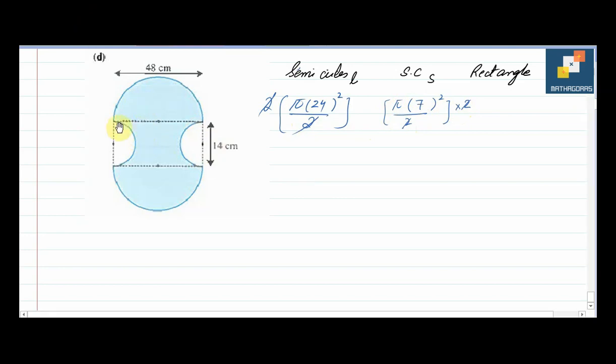Now that is your rectangle, right? So its area is 48 multiplied by 14. Now you need to solve this equation. 24 square is 576 pi, plus 7 square is 49 pi, plus 48 into 14 is 672.